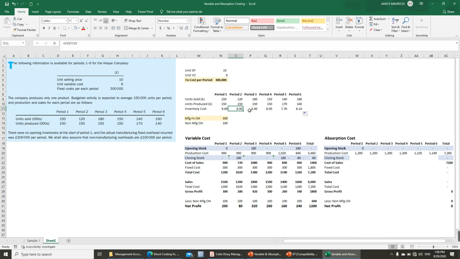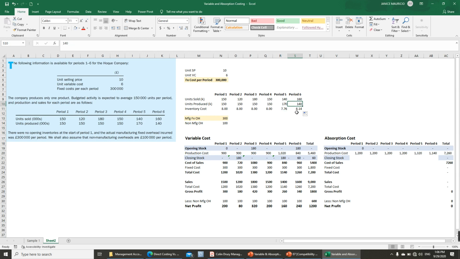Period 2, the same. Period 3, the same. But it will change in period 5 and 6 because the units produced in periods 5 and 6 is higher than the prior period, which is around 150. So, you see, the inventory cost went down.